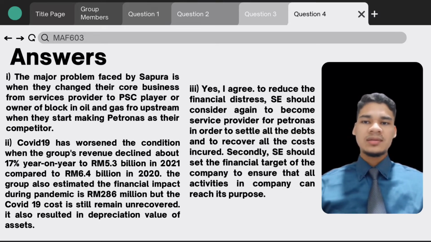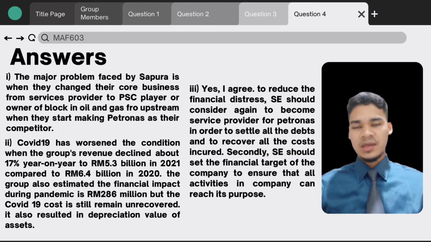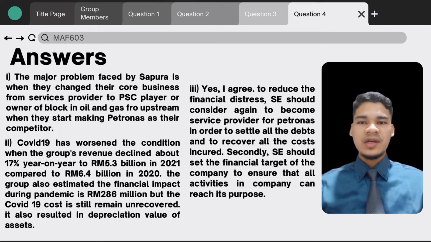The second Roman, COVID-19 has worsened the condition when the group's revenue declined about 17% year on year to 5.3 billion ringgit compared to 6.4 billion ringgit in 2020. The group also estimates the financial impact during the pandemic at 286 million ringgit, but the COVID-19 cost still remains unrecovered. It also resulted in depreciation of the value of assets.